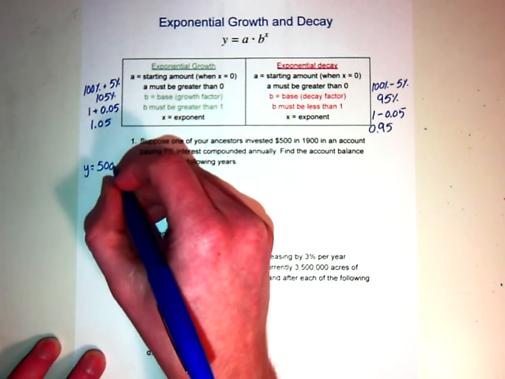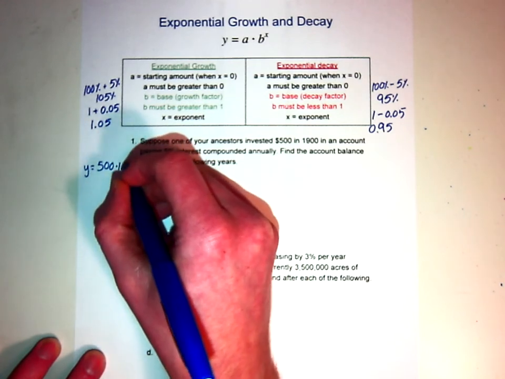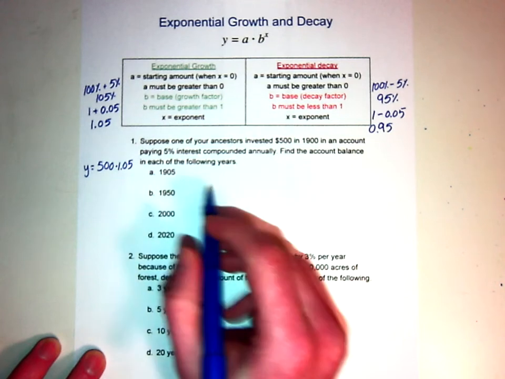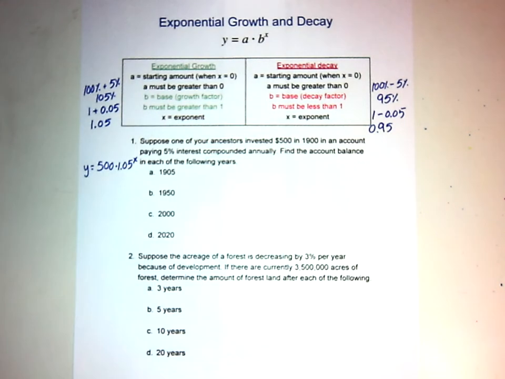So it's multiplied by 1.05, and then it's to the x power. In order to solve these, all I have to do is find how many years have occurred in order to find how much my ancestors' investment will be worth.